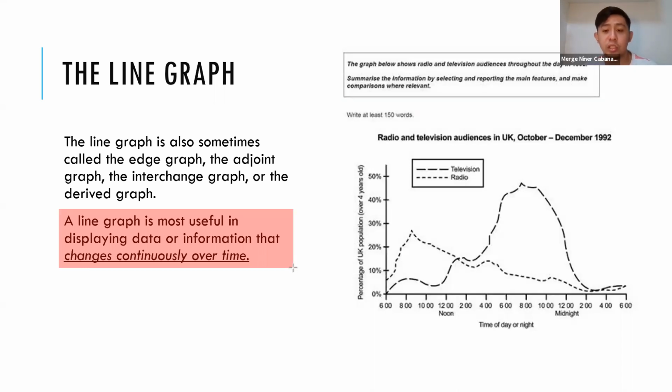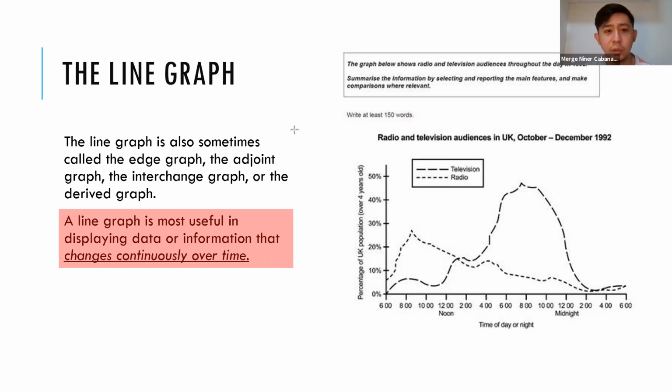If you want to show changes over time other than a line graph, well, you can use a pie chart, you can use a bar graph, or even a table for that. Later, I will show you different types of line graph approach, but they are not in the line graph format.